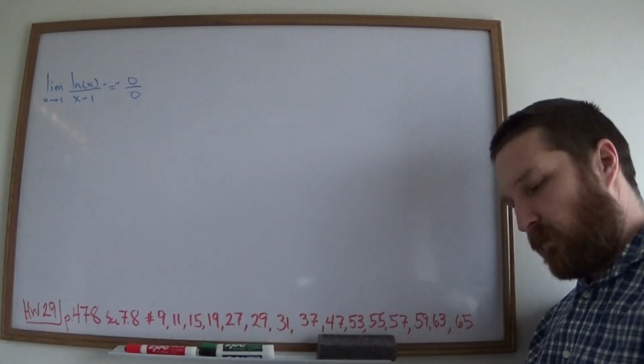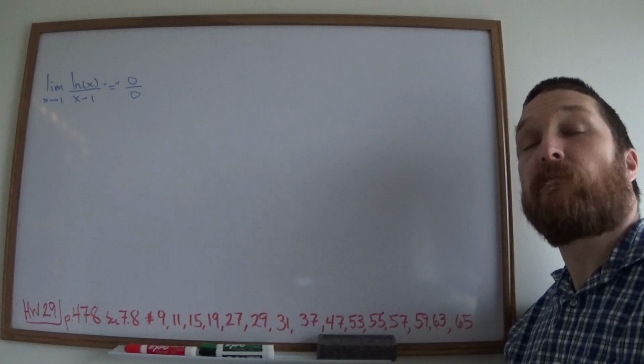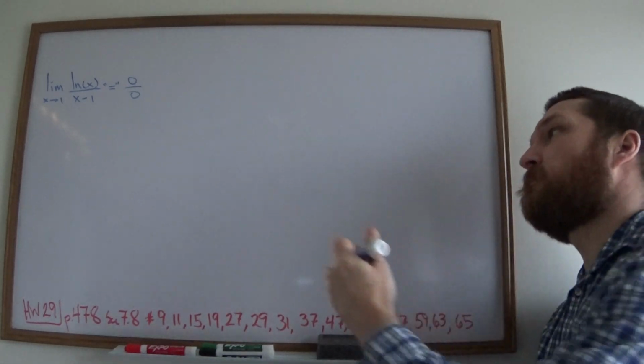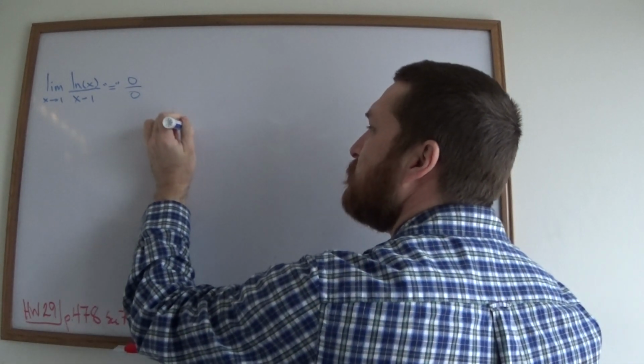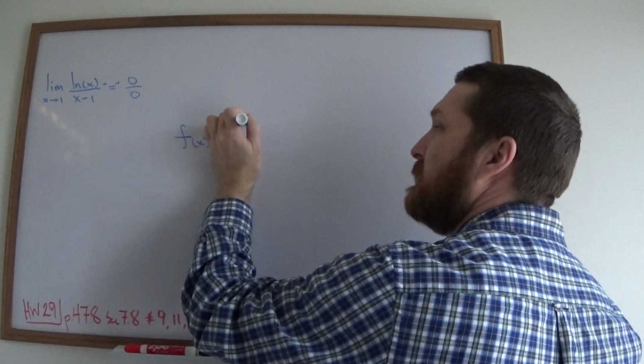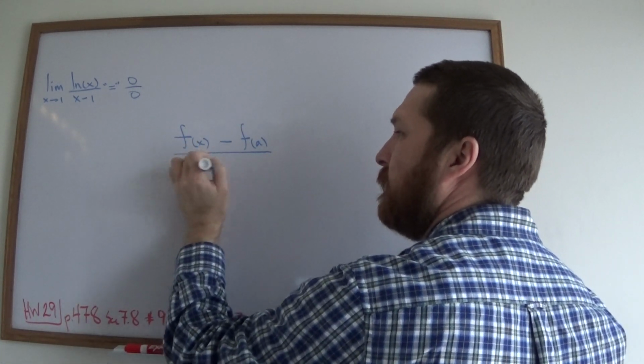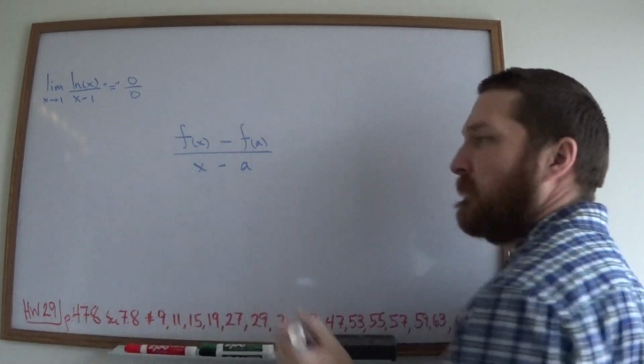Have we seen limits that go to 0 over 0 before? Yeah. What I'm thinking in particular is the difference quotient. Remember, this is one way of writing the difference quotient.